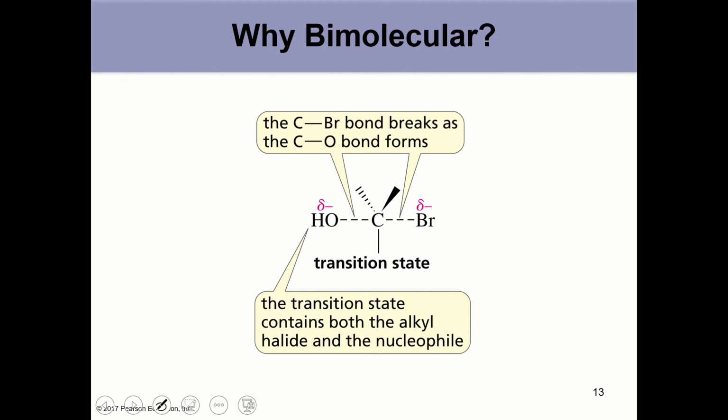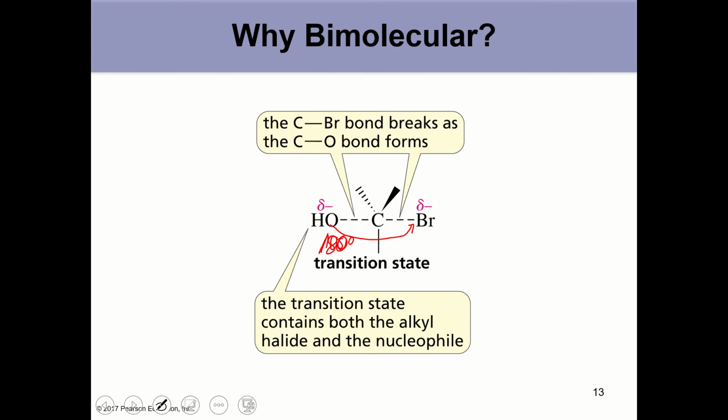Why bimolecular? The C-Br bond breaks as the C-O bond forms. So the OH is always entering 180 degrees away from the bromine. And that's one of the things that's going to help you remember that it's a backside attack. The transition state contains both the alkyl halide and the nucleophile.